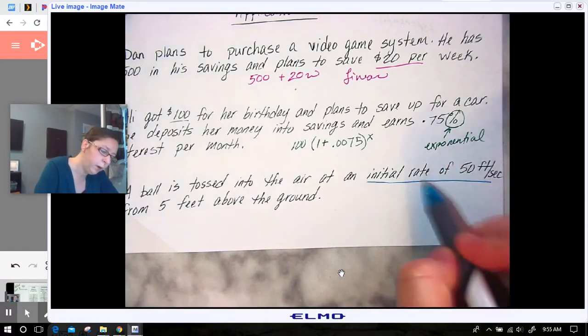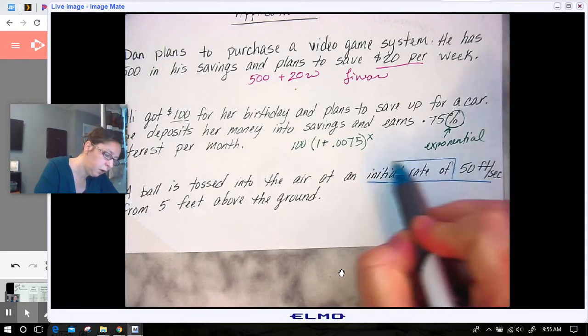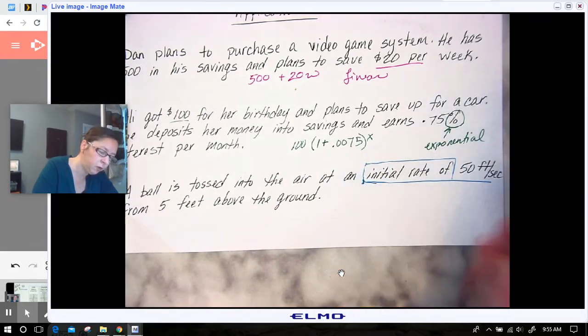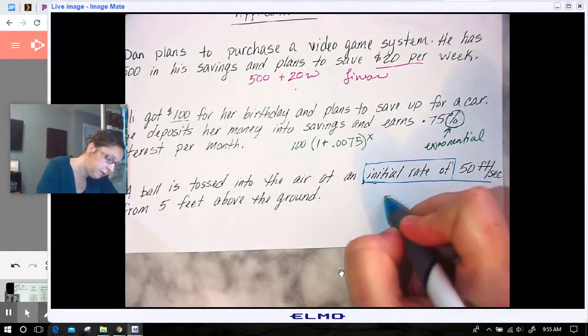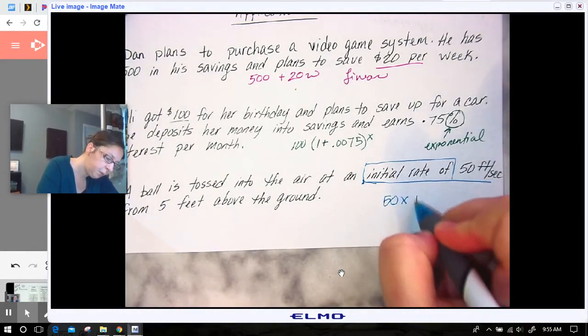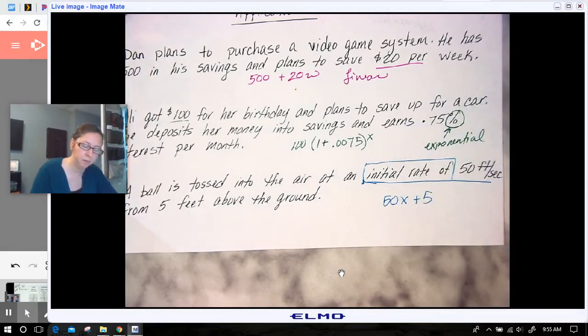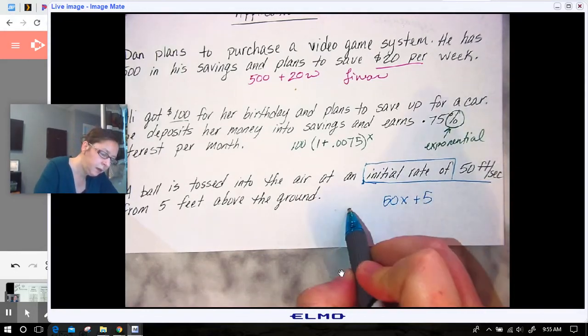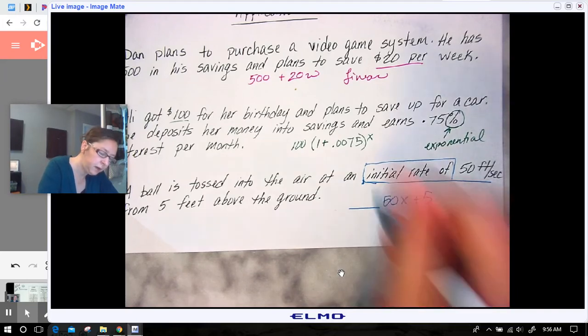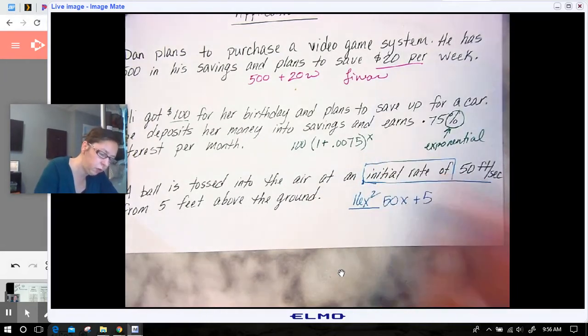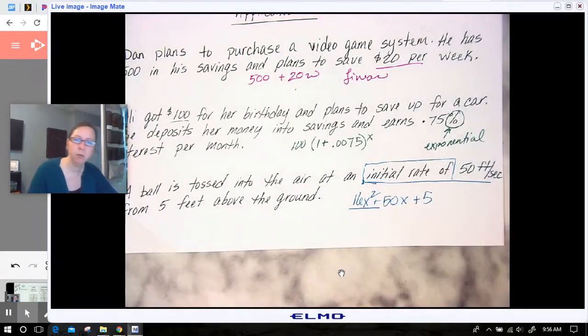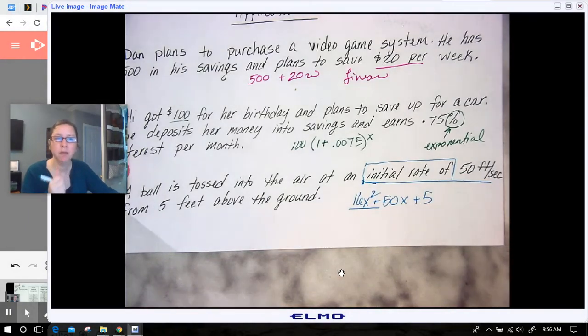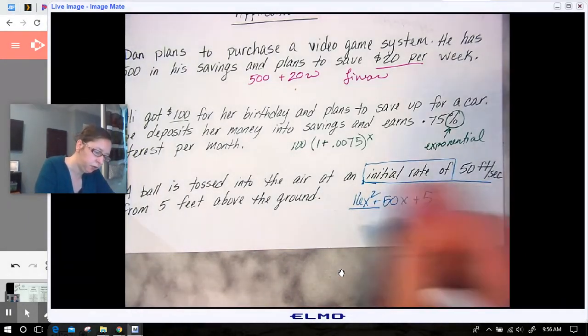The phrase initial rate will always tell you it's quadratic. It would look like 50x plus 5. And when something is in the air, it's always negative 16x squared. So this is a quadratic function.